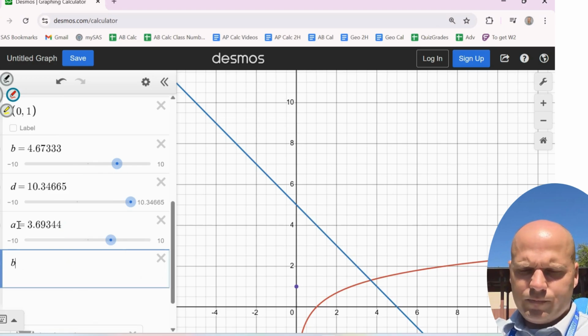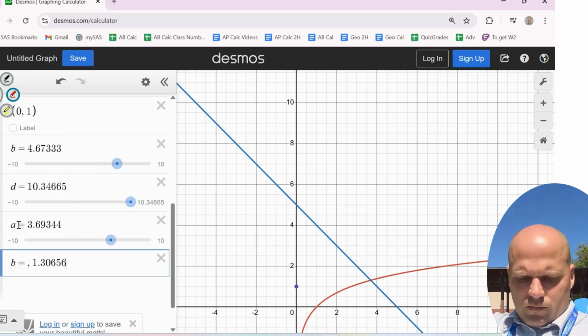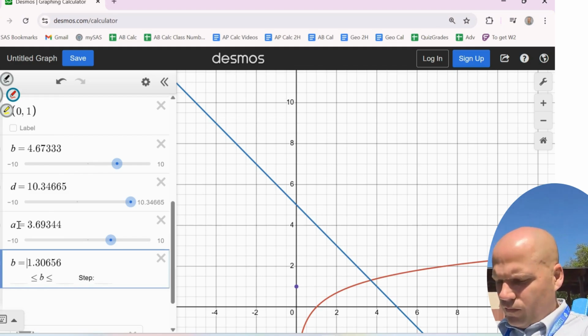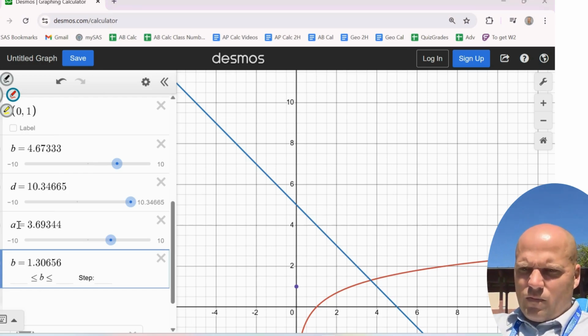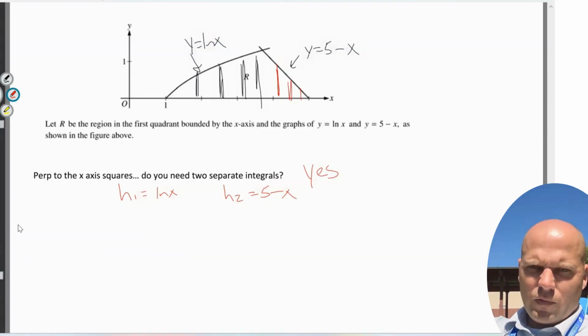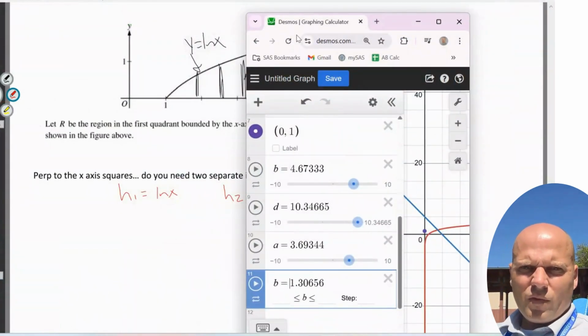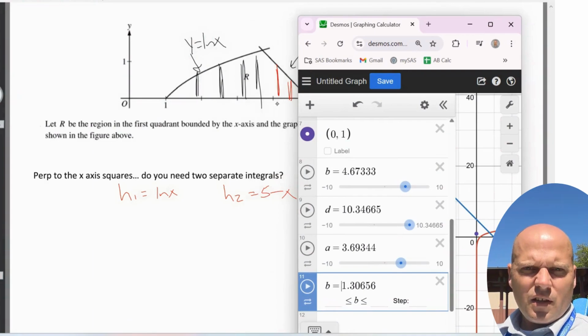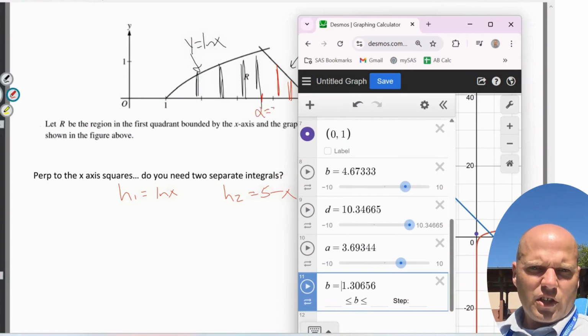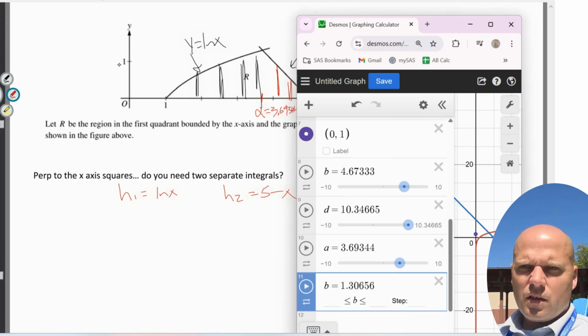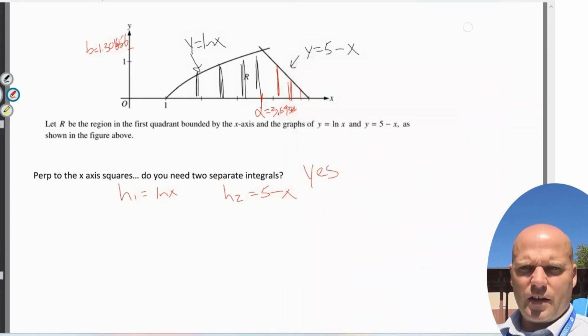This I'll call B. This intersection. It's good to check too, like you get the area 2 different ways.